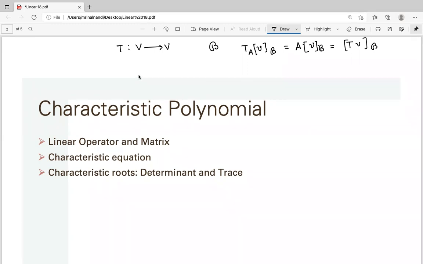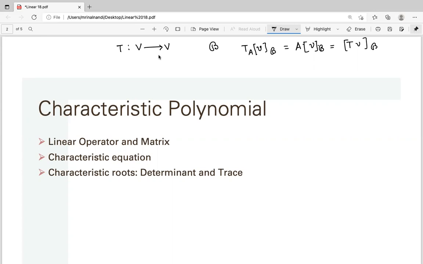So we can talk about two different things: the characteristic equation of a matrix and the characteristic equation of an operator. If you take a linear operator on a finite dimensional space, there is no difference: the characteristic polynomial of the corresponding matrix is by definition the characteristic polynomial of that linear operator.